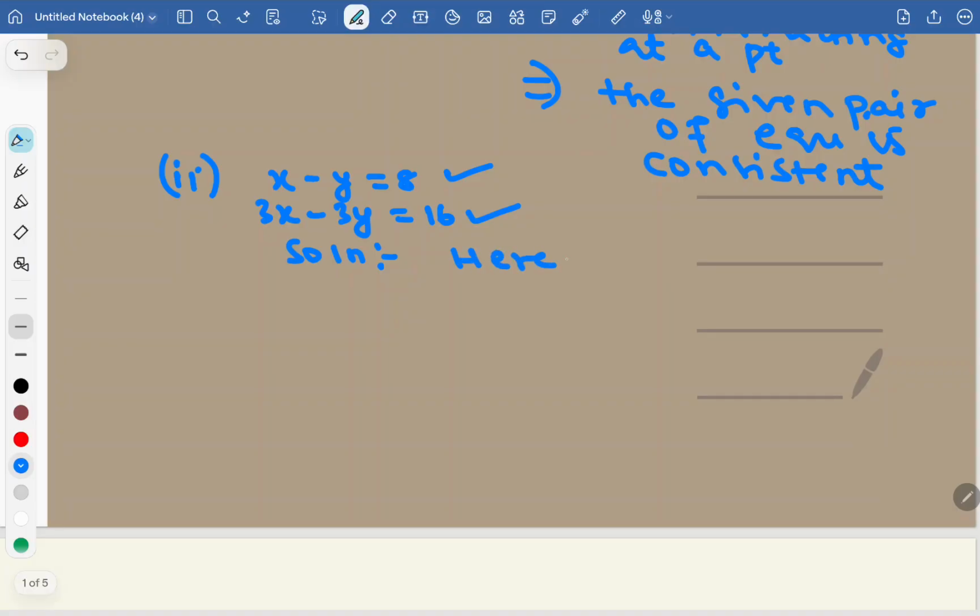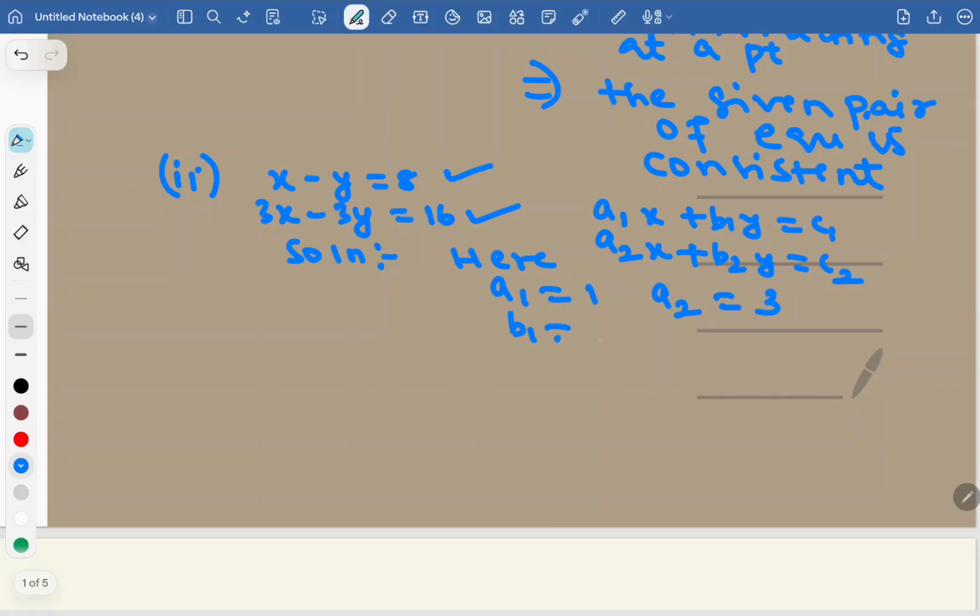If we compare with a1x plus b1y equal to c1, a2x plus b2y equal to c2, what is a1? 1. What is a2? 3. What is b1? Minus 1. What is b2? Minus 3. What is c1? 8. What is c2? 16.